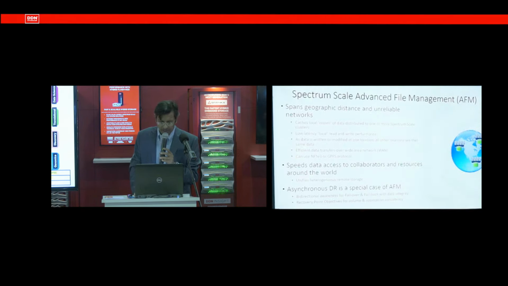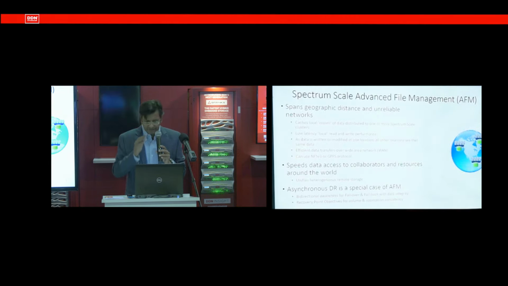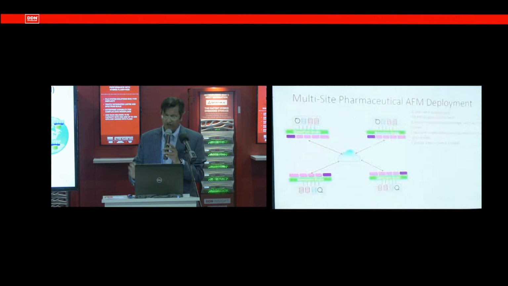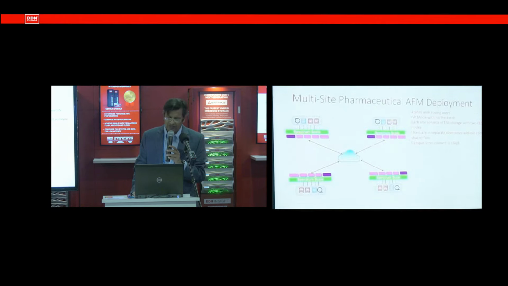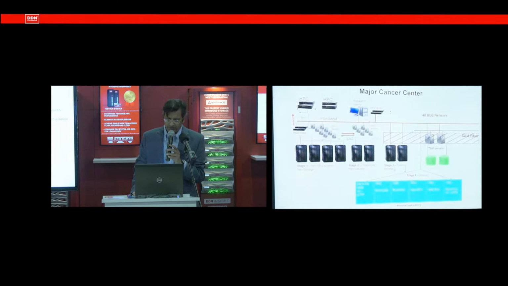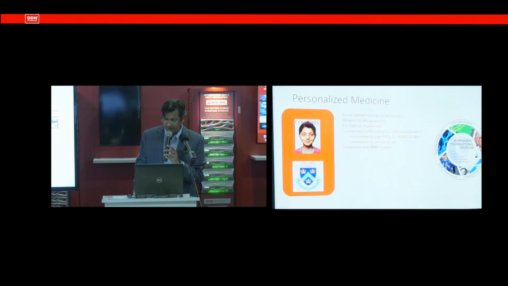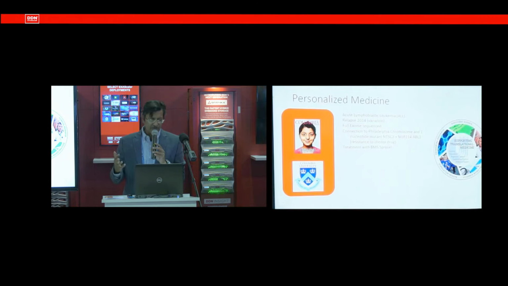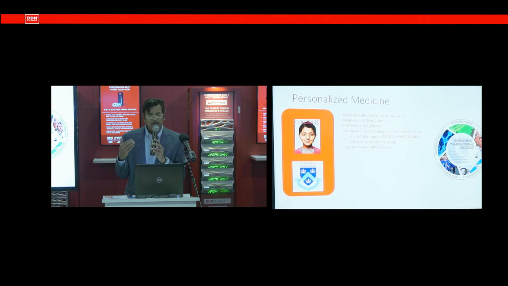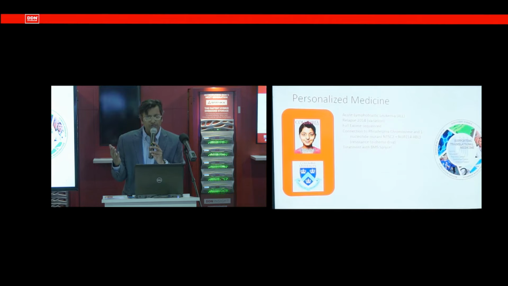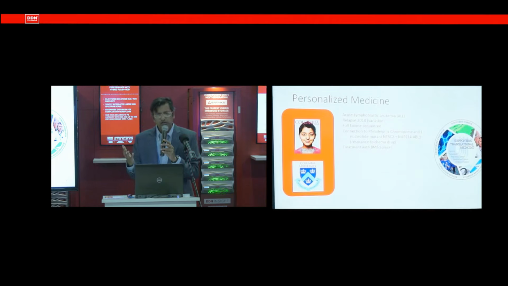Spectrum Scale advanced file management is a way to do multiple different sites, for example a multi-site pharmaceutical. We have some major cancer centers that have different types of deployments of this. Again, this is used in personalized medicine. I was just going to give an example: a young lady had a form of leukemia that they started to treat, but it turned out it wasn't treatable.